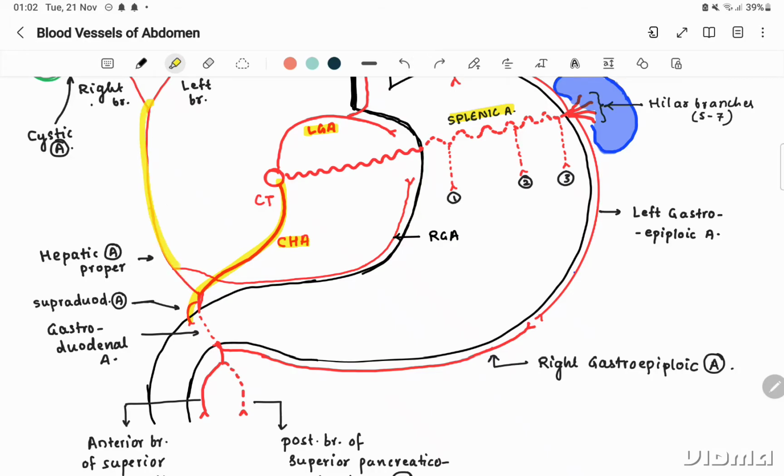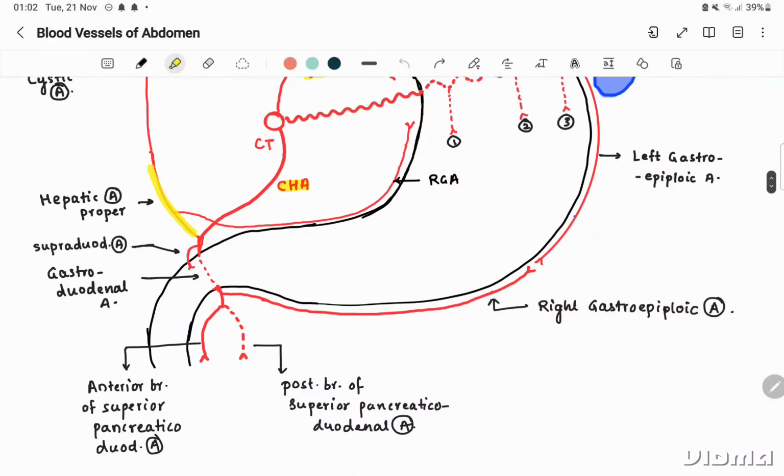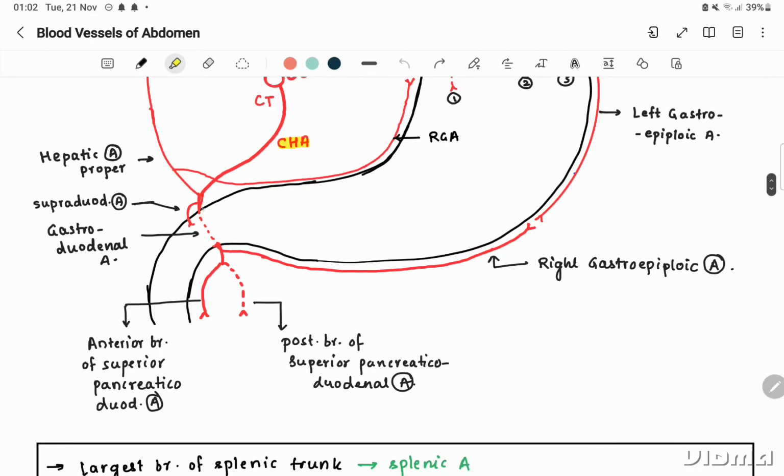From this hepatic artery proper another branch is given, which is called your right gastric artery. So the right gastric artery is not an independent branch of the celiac trunk. It arises from the hepatic artery proper. Besides this, the common hepatic artery can form your gastroduodenal artery.